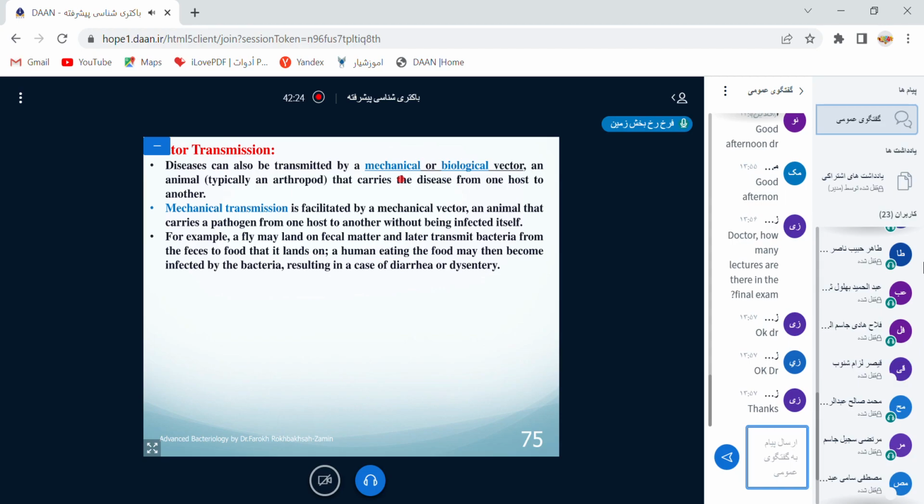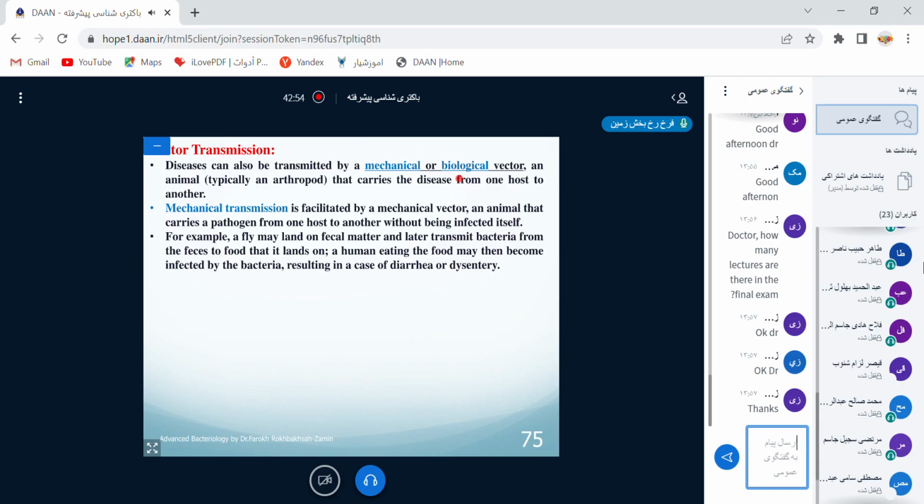And if this vector is not present, the pathogen has the possibility to be transmitted by other means, by other ways. But in biological transmission, the vector is the only way of transmission.